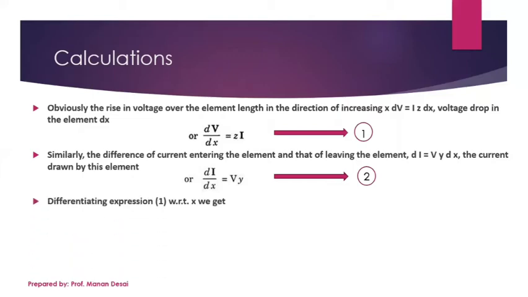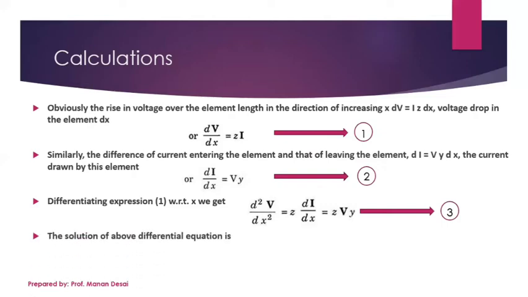Now differentiating expression 1 with reference to x, we get the double derivative: d square V by dx square is equal to Z into dI by dx, which is equal to Z into V into Y. So admittance and impedance are multiplied with voltage.